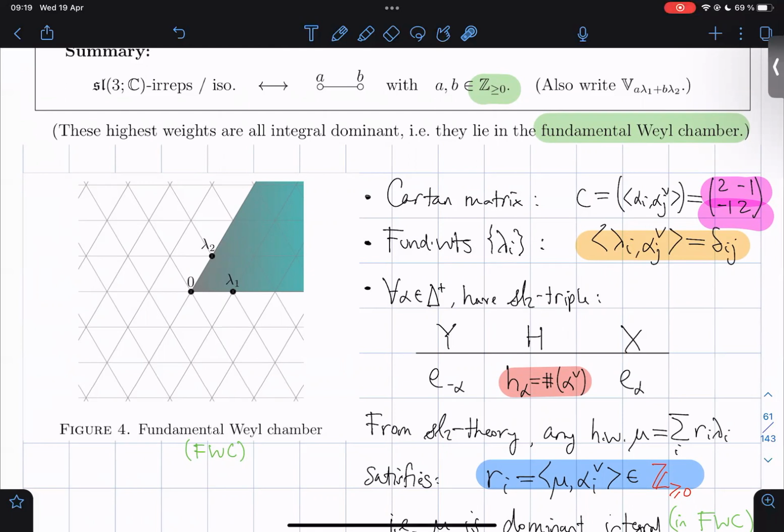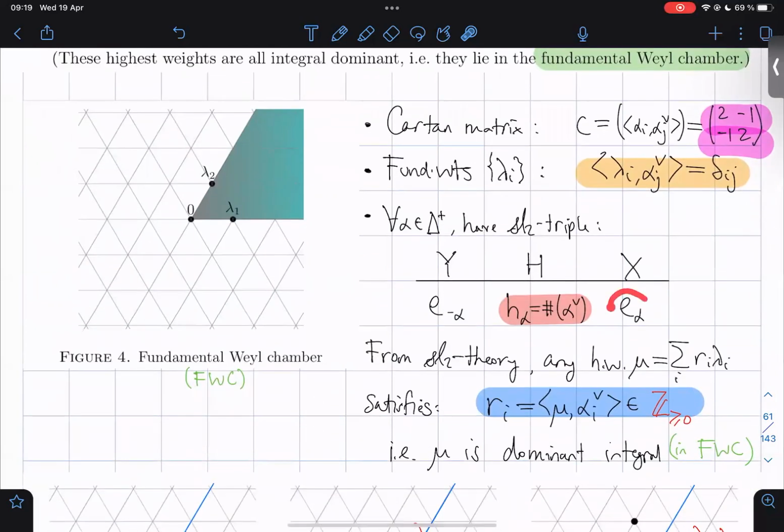Where did this dominant integral condition come from? It really comes from SL2 theory. We have several SL2s embedded into SL3 naturally. In particular, for any positive root, we have an SL2 triple, a Y, H, and X in the notation that we were using from SL2 theory.